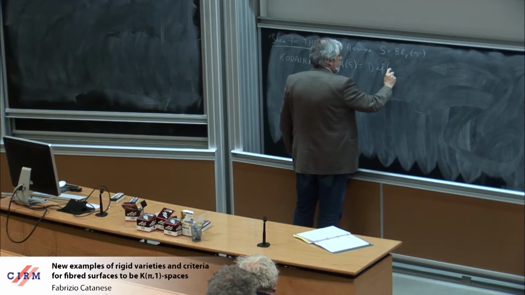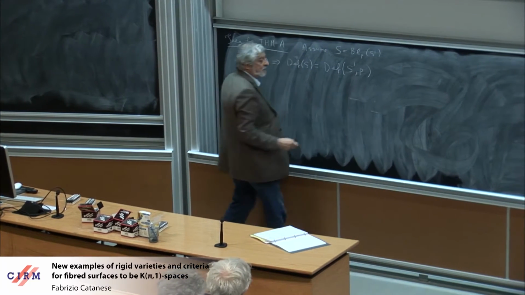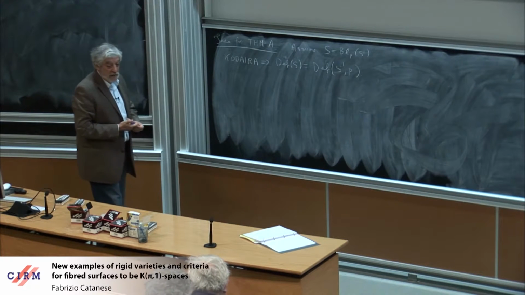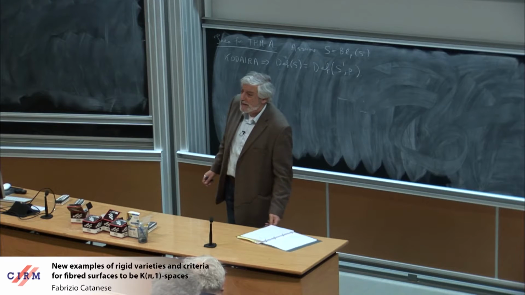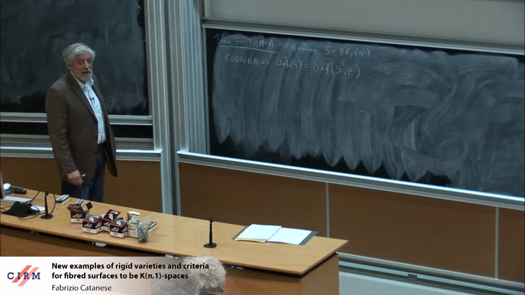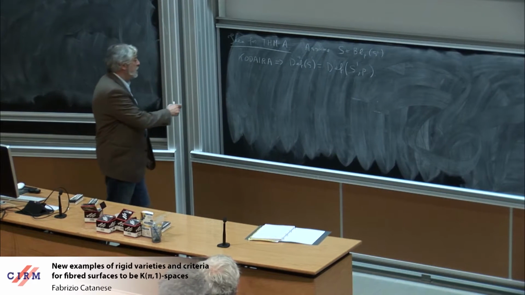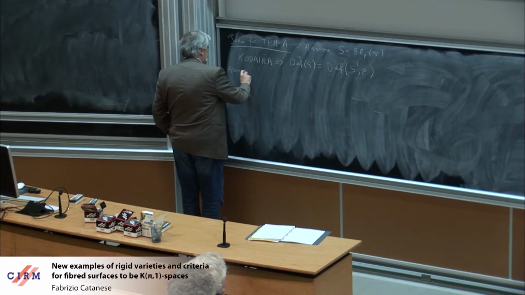So these are deformations of the pair S prime and P. The first thing I want to explain is how we can have a non-minimal example. So assume S is not minimal.